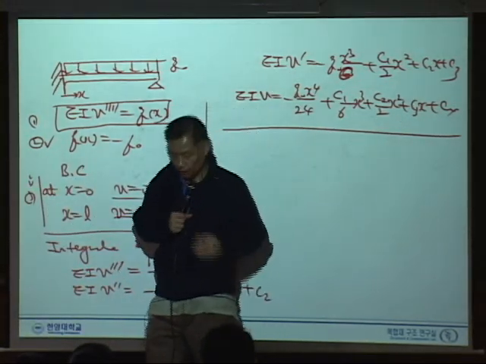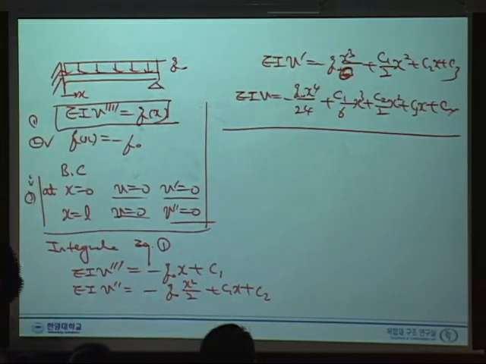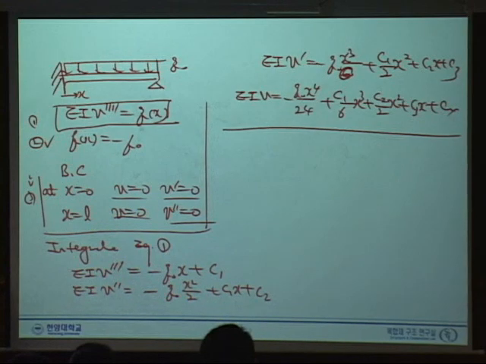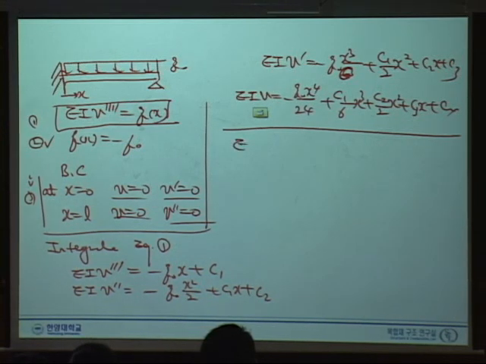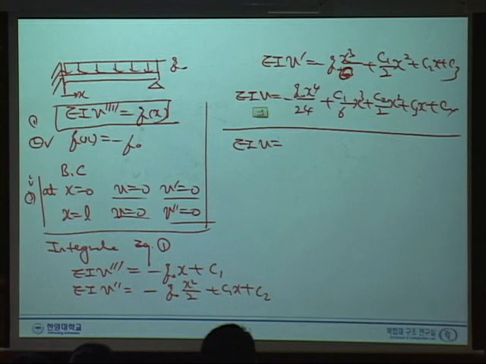So let's try to solve this one. At x equals 0, EIV at x equals 0: 0 plus 0 plus 0 plus C4 needs to be 0, right?